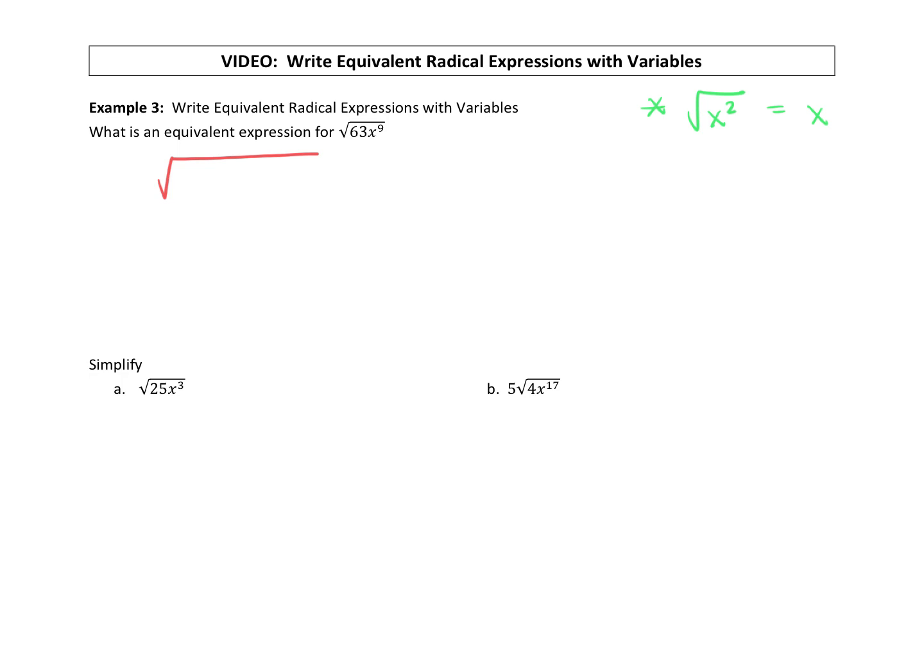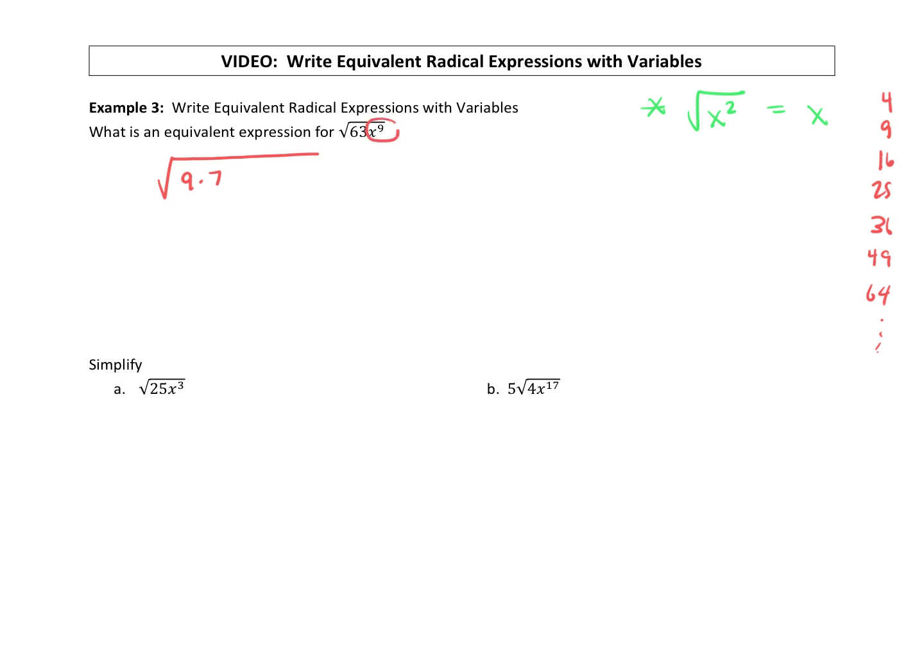You probably have them in your notes from the last example: 4, 9, 16, 25, 36, 49, 64, and so on. Does 63 have a perfect square factor? I think we did this one in the last example. It does have a 9. So 9 times 7 is 63.